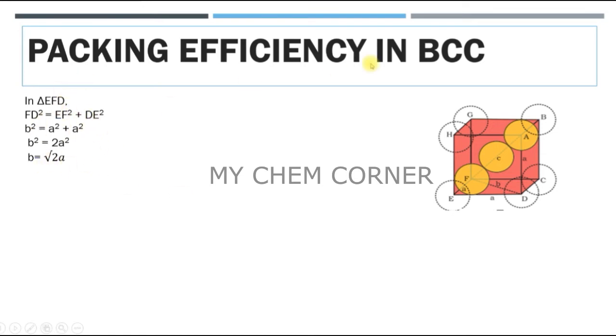Now that's not the only thing in a BCC because we have a sphere right in the center of the unit cell. So we need to consider that particular triangle also. So let's see the second triangle, which is AFD, which involves the body centered atom also. So here when we look at AFD, in this case, the hypotenuse is AF.